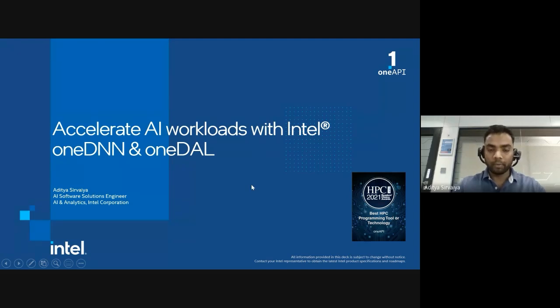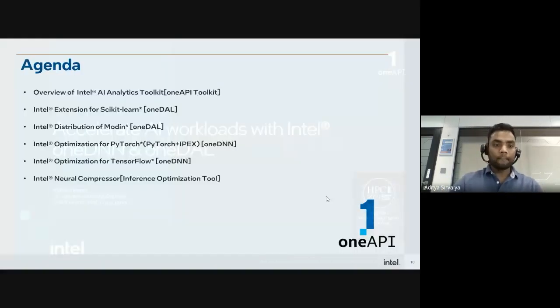Let's say you have a machine learning model training and inference, or a deep learning model training and inference, how you can apply the Intel oneAPI libraries, particularly oneDNN and oneDAL. oneDNN is mainly for deep neural networks, and oneDAL is for data analytics. So oneDAL will help you accelerate your machine learning workload, and oneDNN your deep learning models.